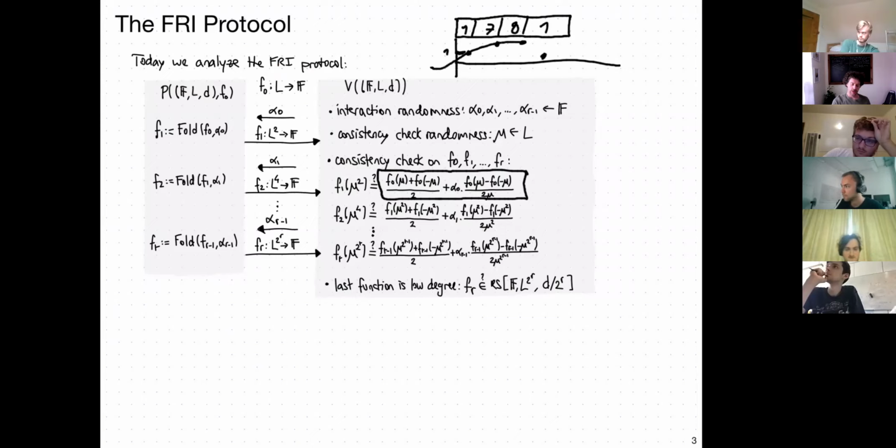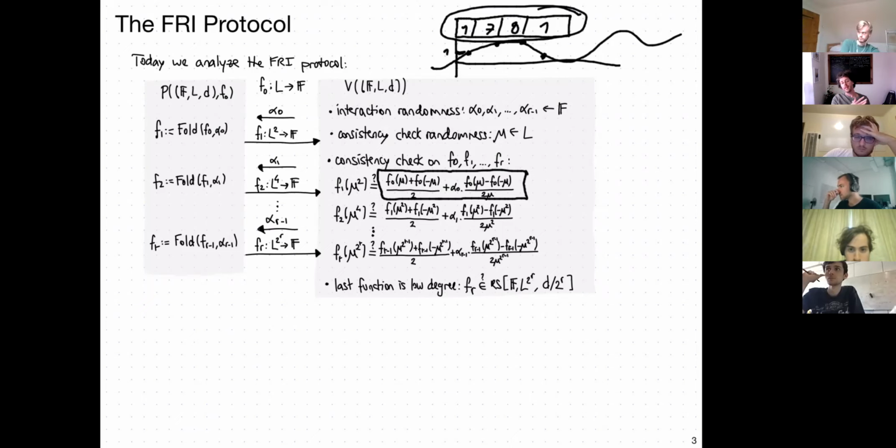You evaluate this polynomial, which is of degree 3, over the entire domain L. That's the way you take a message, which is just 4 numbers, and extend it to however large an L you'd like, millions and millions of numbers that would be uniquely determined by that.